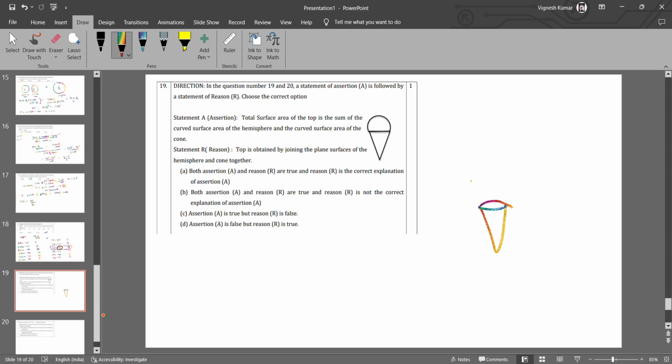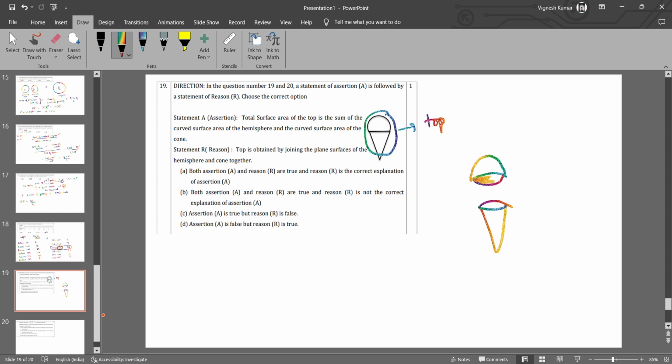So imagine this scenario where you have a cone like this and you have a hemisphere of the same radius like this. In order to obtain this figure which is called top, we just join the base surfaces of the hemisphere and the cone together to form the structure.